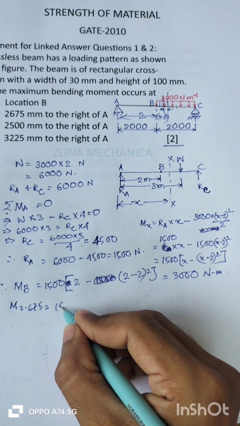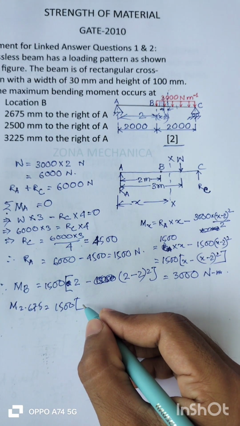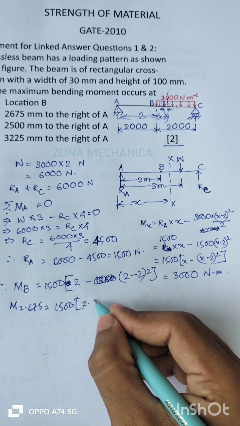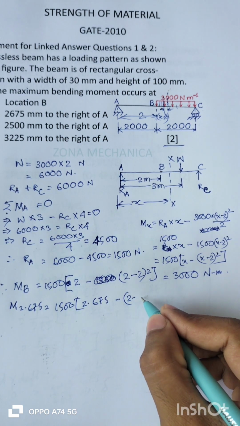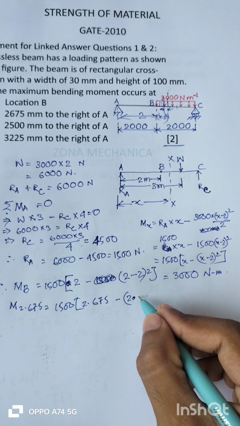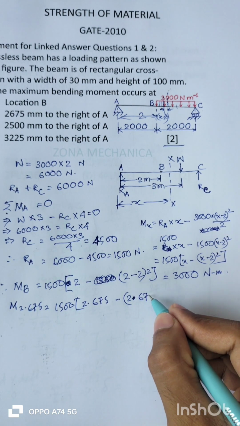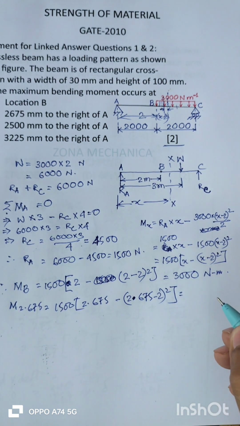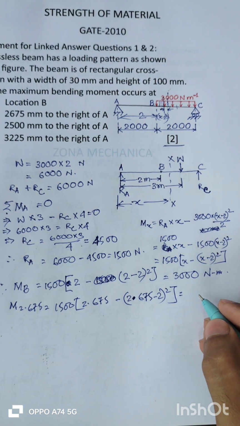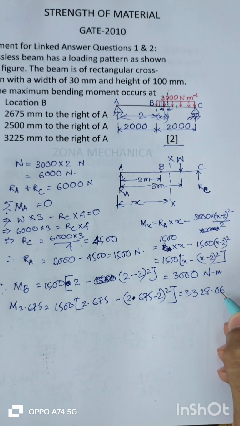Now another option is at 2675, that is 2.675 meters. So this is 1500 into x, meaning 2.675, minus x minus 2, that is 2.675 minus 2 whole square. So this will give 3329.06 Newton meters.